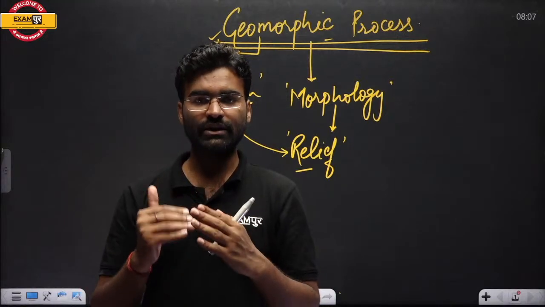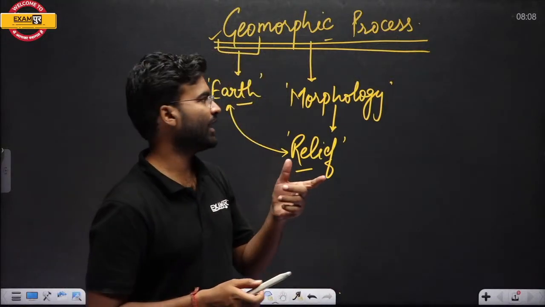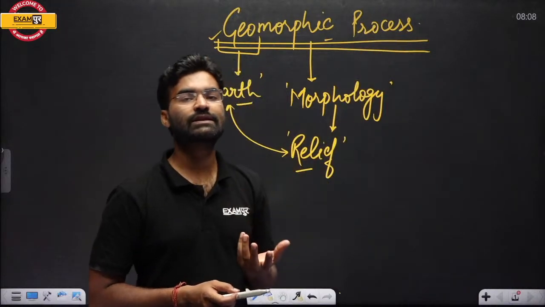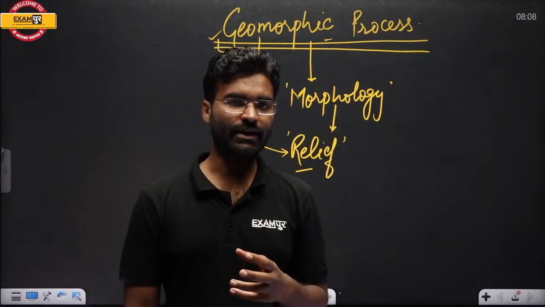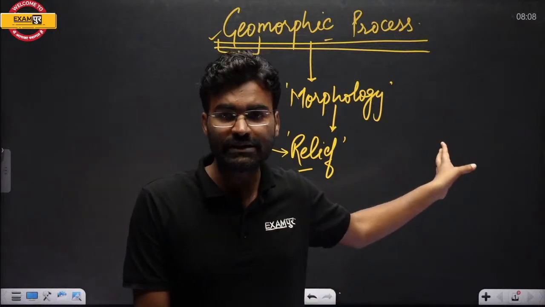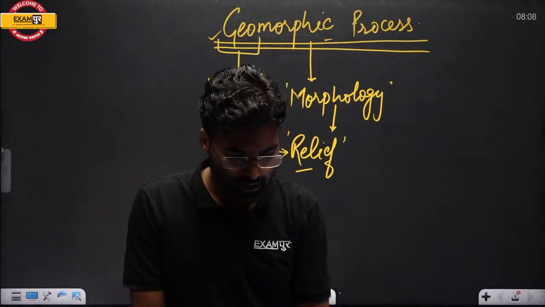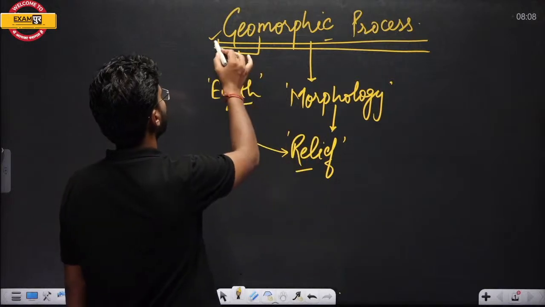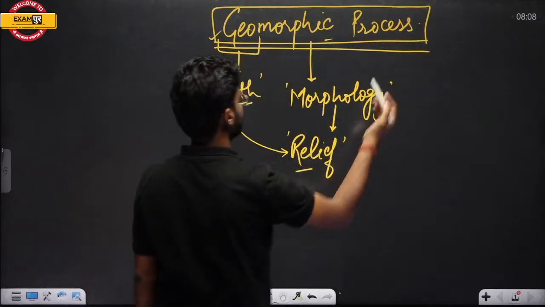Some process is acting behind that particular structure formation. We have to study by which process this type of structure is formed, and why. That is called the geomorphic process.